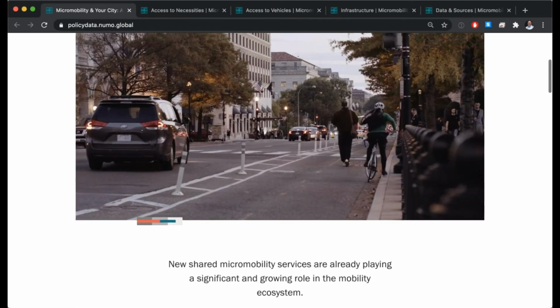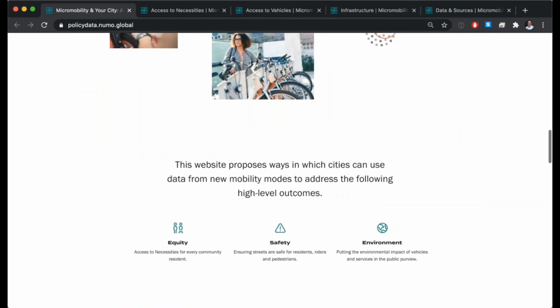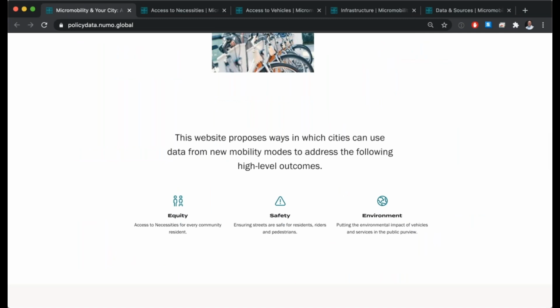Josh mentioned, the goal for the working group was really to help develop a set of use cases for cities and companies.